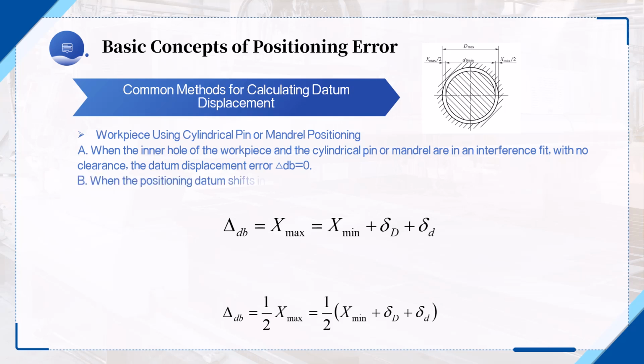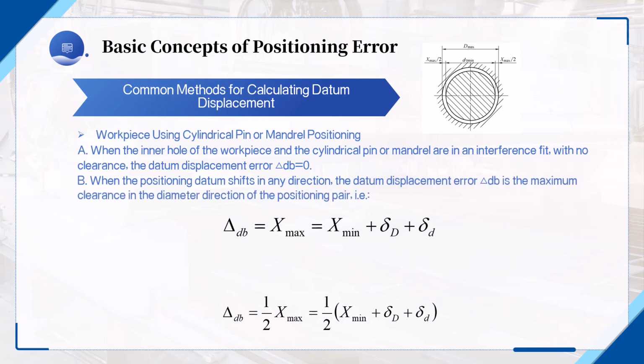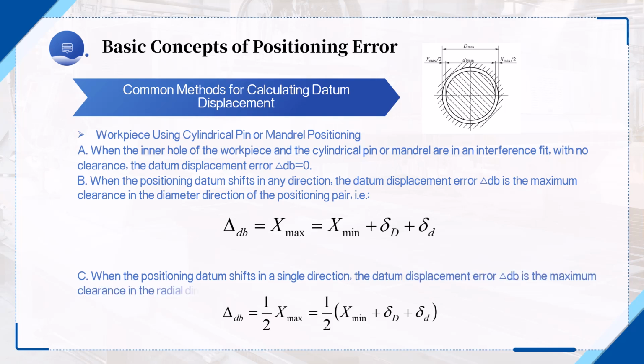B. When the positioning datum shifts in any direction, the datum displacement error ΔY is the maximum clearance in the diameter direction of the positioning pair, as shown in the formula. C. When the positioning datum shifts in a single direction, the datum displacement error ΔY is the maximum clearance in the radial direction of the positioning pair, as shown in the formula.